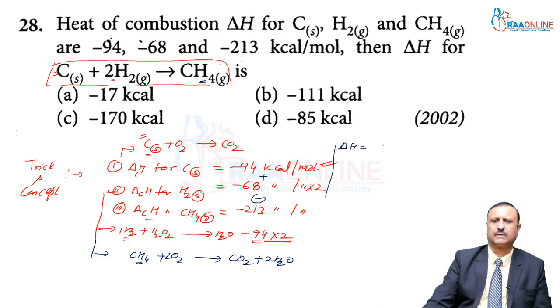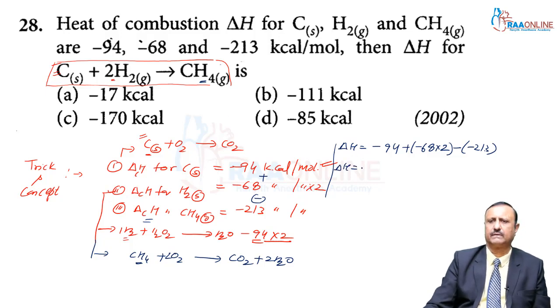Delta H is equal to minus 94, directly added, plus minus 68 multiplied by 2, and minus 213. Now, you can get this reaction and the heat. Minus 94 plus minus 136, because you multiply 68 by 2.